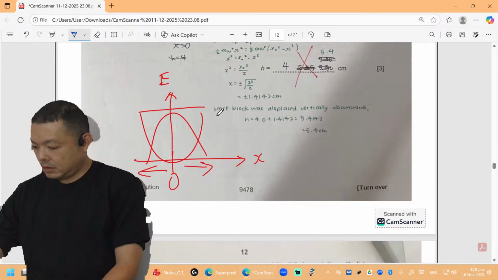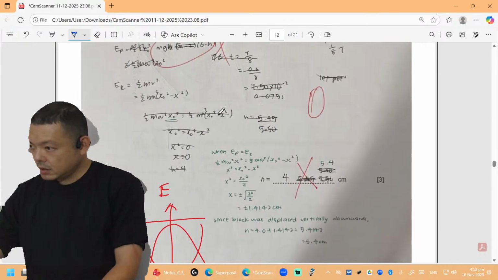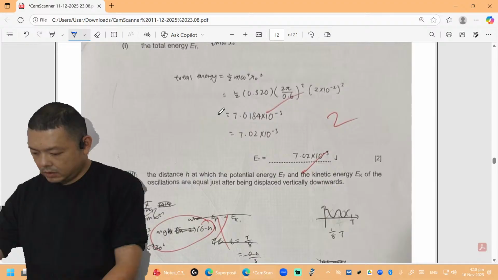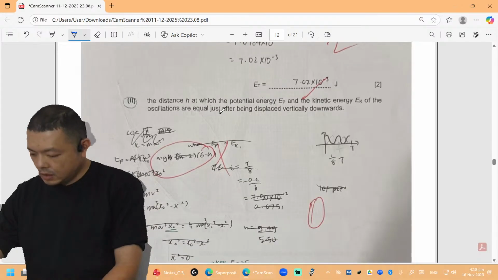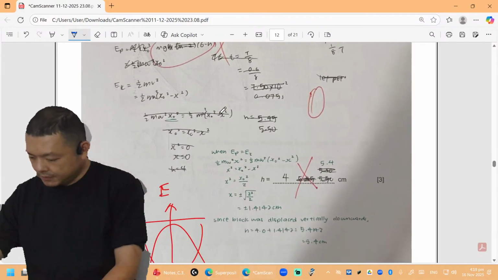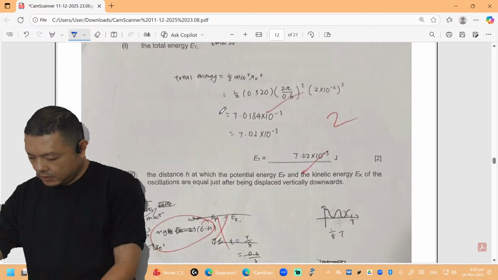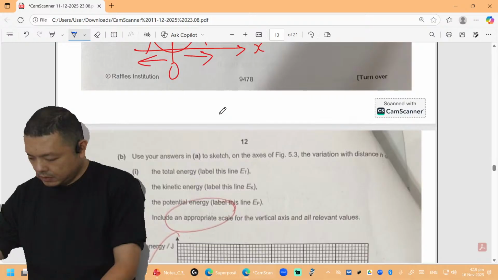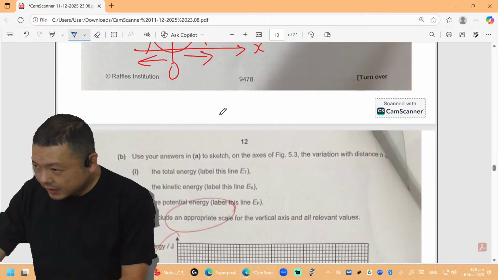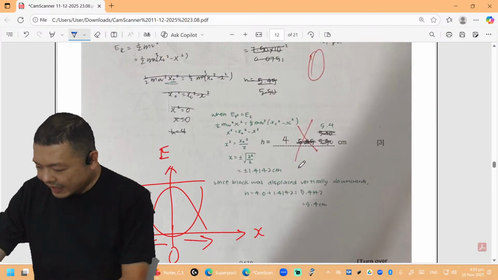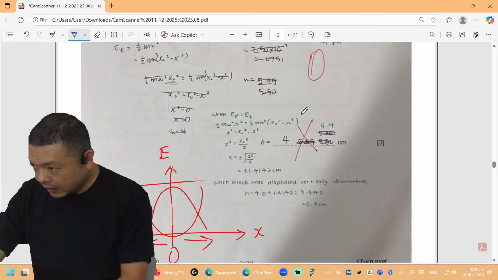Sorry, what? Which one? The graph? Sorry, what's your question again? Why did they add a negative 1.41?